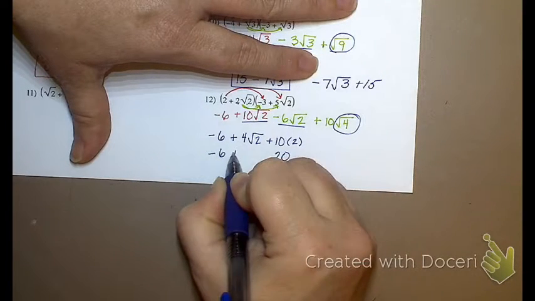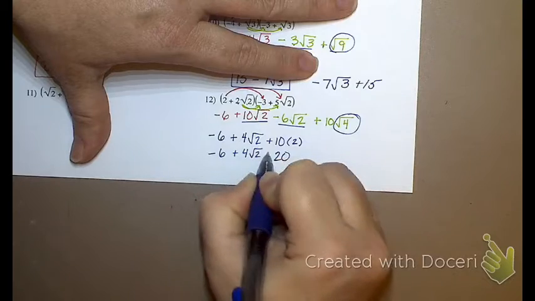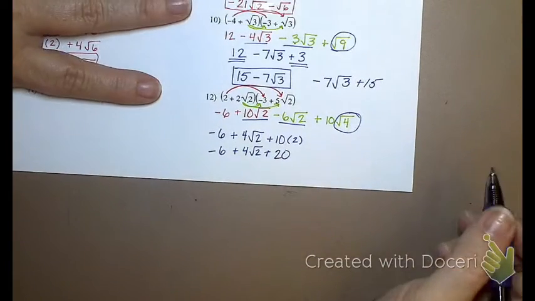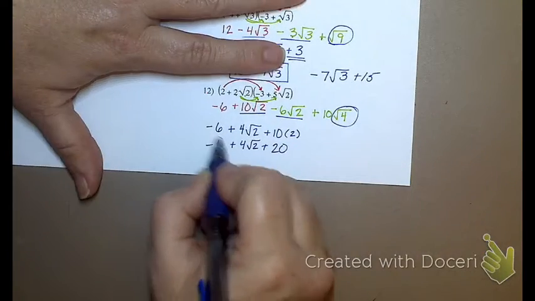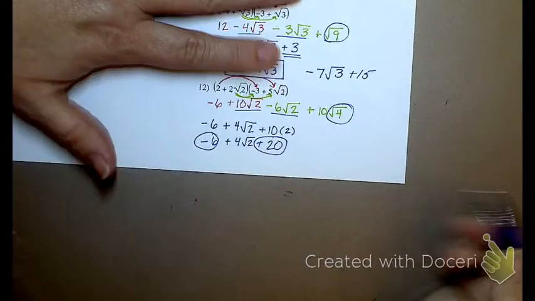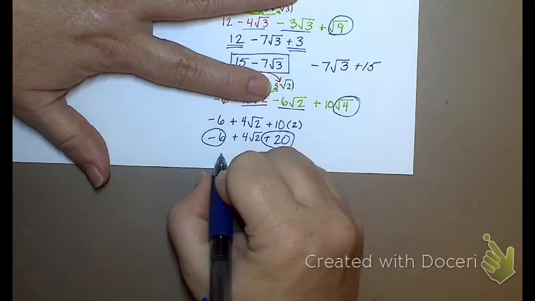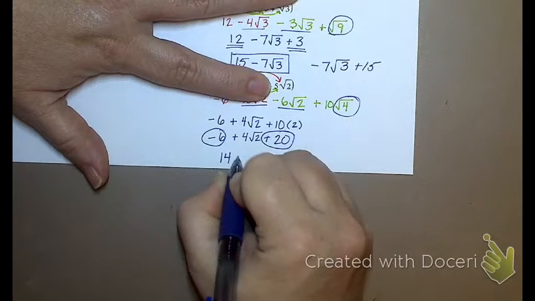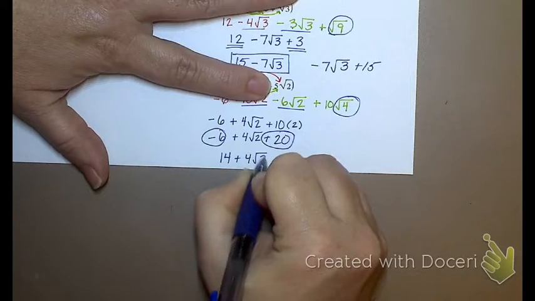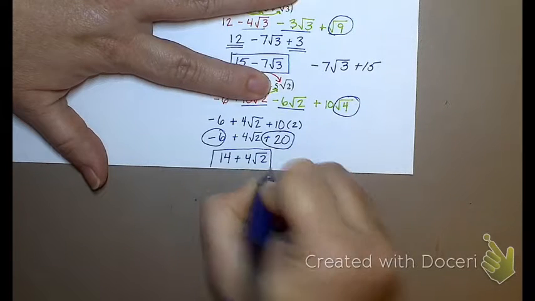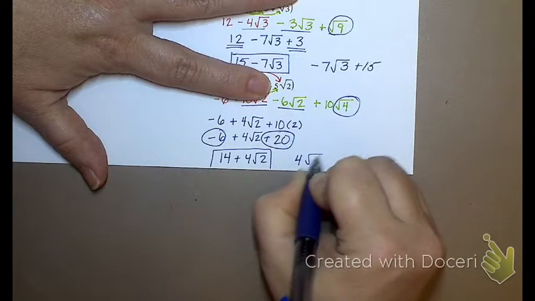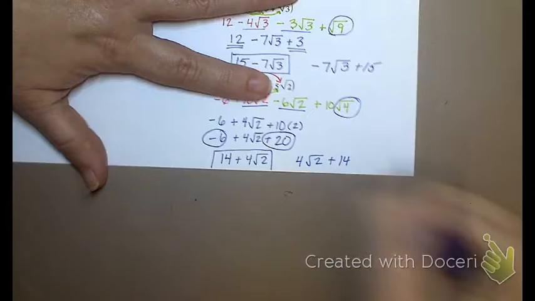So I have negative 6 plus 4 radical 2 plus 20. Am I done? There's one more thing I can combine. Negative 6 and positive 20. What does that give me? Positive 14 plus 4 radical 2. And again, you could write your answer as 4 radical 2 plus 14, and that one is correct also.